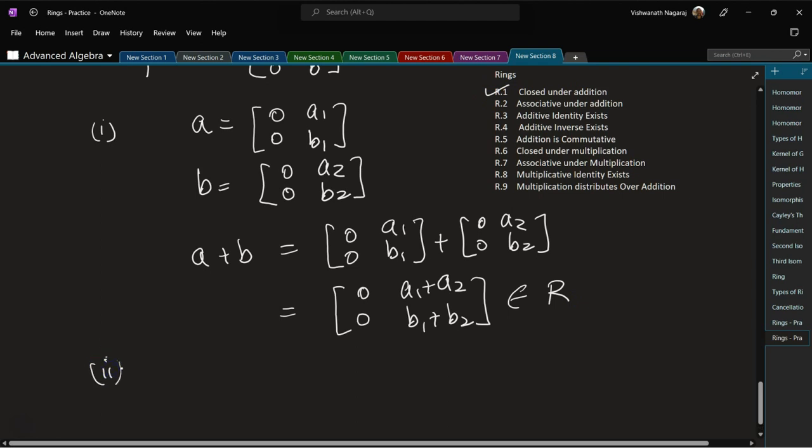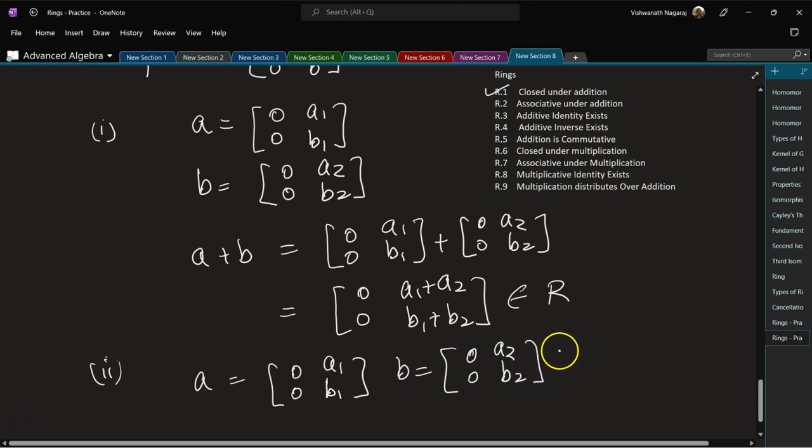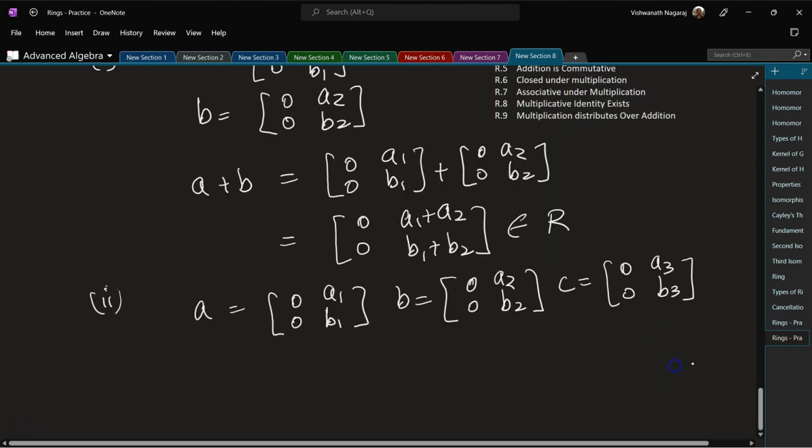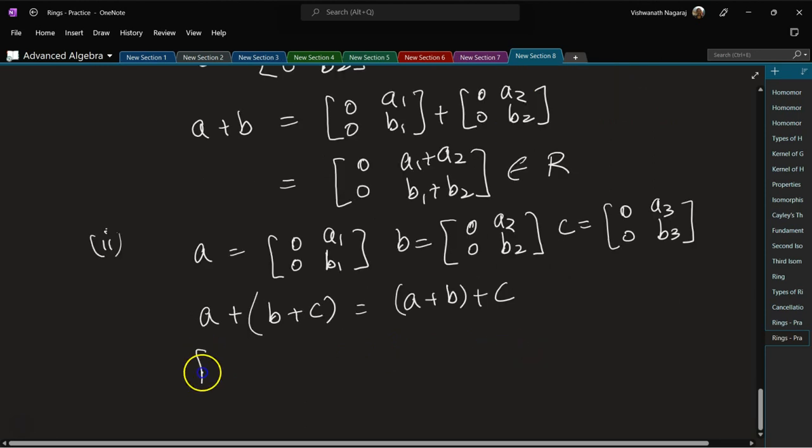Okay. Associative under addition. So again, A equal to [0 0; a1 b1], B is equal to [0 0; a2 b2], and C is equal to [0 0; a3 b3]. And we have to show that (A plus B) plus C is equal to A plus (B plus C). Okay, let's begin.